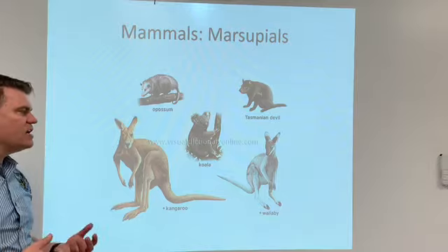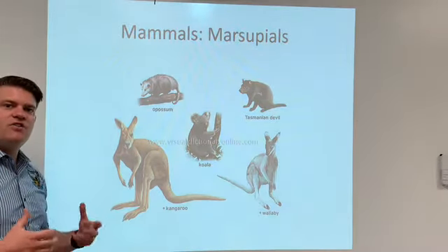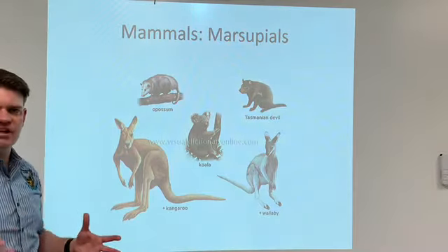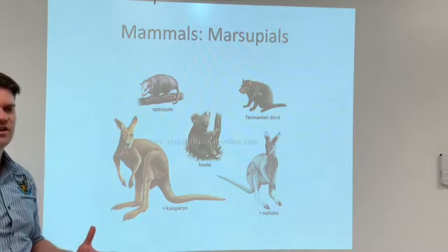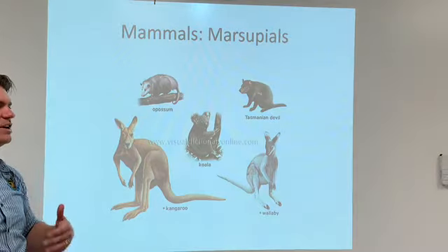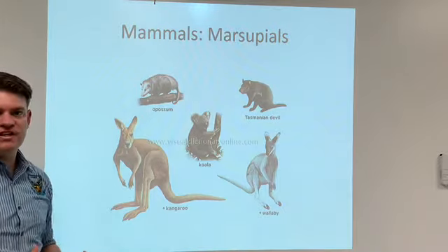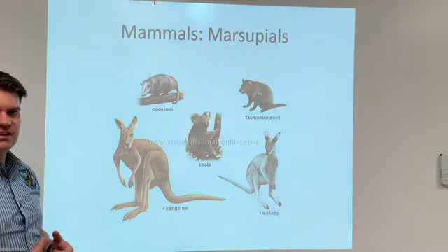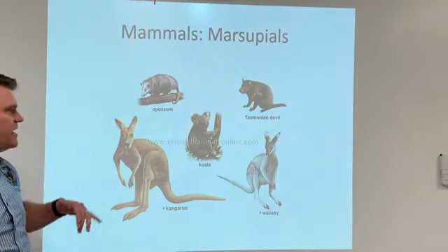So instead, because you're protecting your young inside you as you develop them, you only have to have one or two, and then even with some mammals, you can have like a litter of, I think rabbits are some of the largest that have like a litter of like 8 or 10, but still that's a lot less than when you see like a crocodile nest that has something like 40 to 50 eggs in it, or 30 to 40 eggs in it. So because you're protecting them inside your body, you don't have to have as many young.